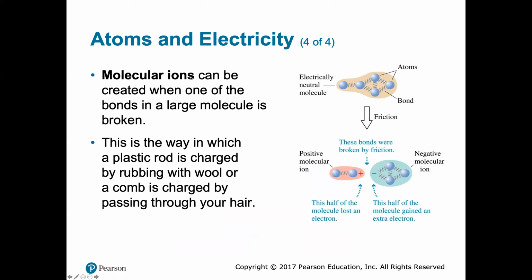Okay, so now let's see the molecular ions. Molecular ions can be created when one of the bonds in a large molecule is broken. For example, now you have a molecule composed of 1, 2, 3, 4, 5 atoms. Those springs between the beads demonstrate the bonds between atoms.